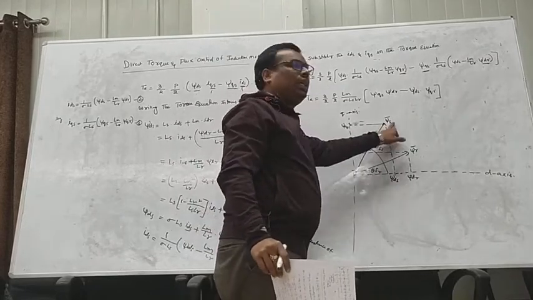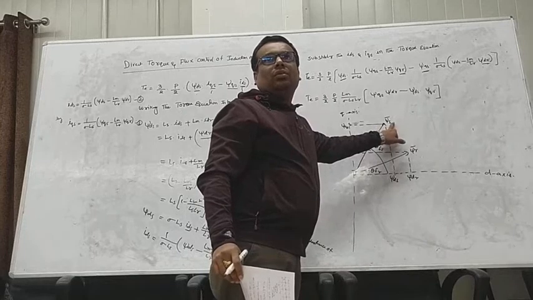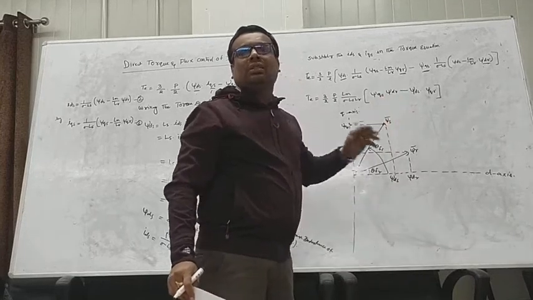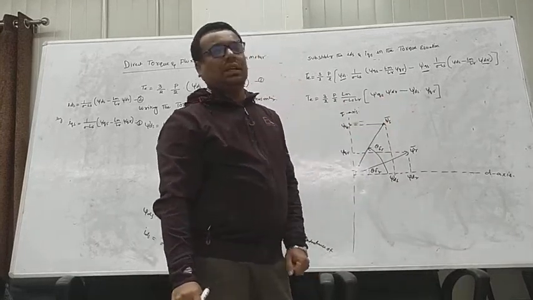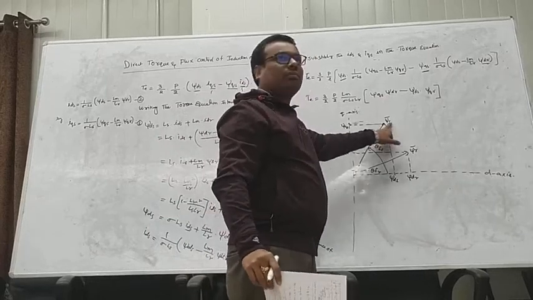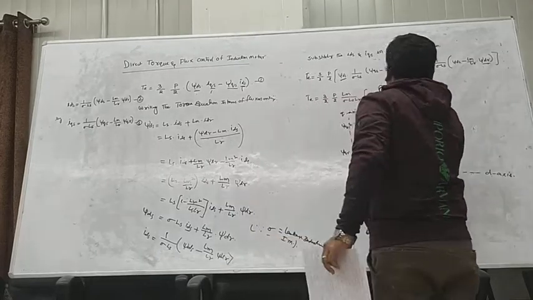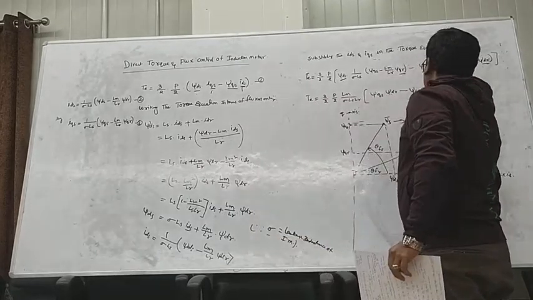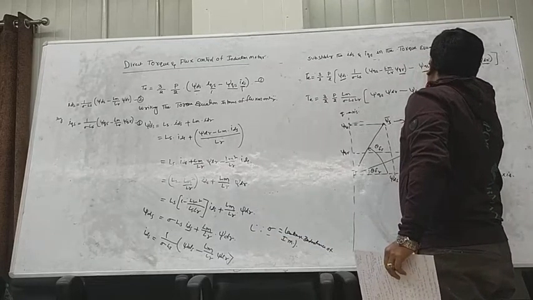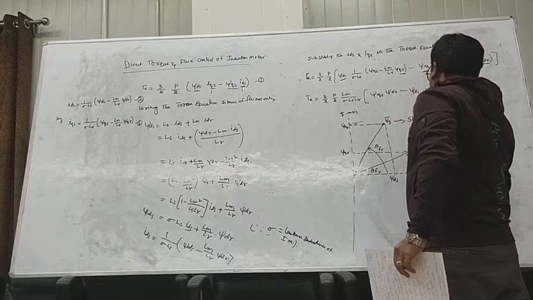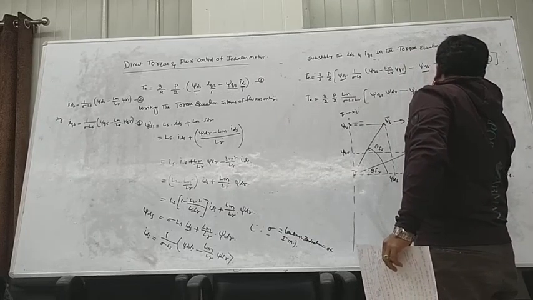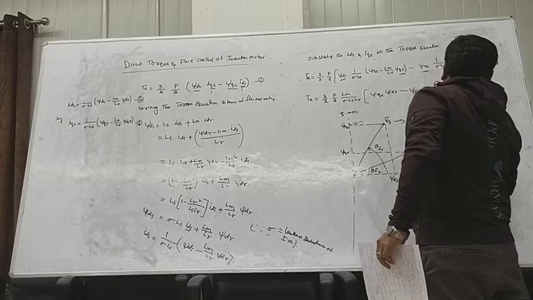This is the stator flux vector, psi s. Once there is some stator flux, only then will the rotor flux exist. Psi s is the stator flux vector and psi r is the rotor flux vector.